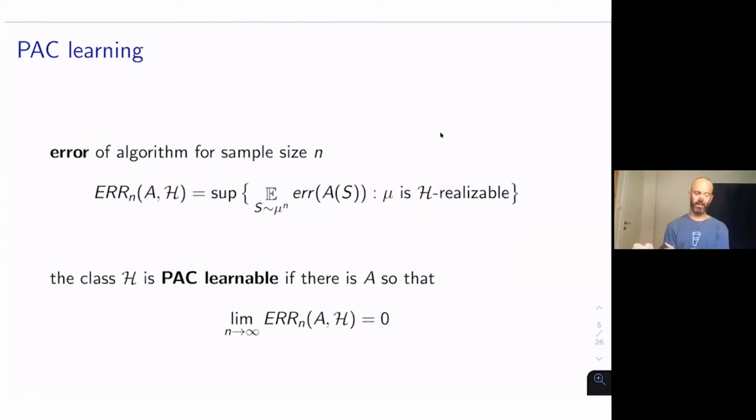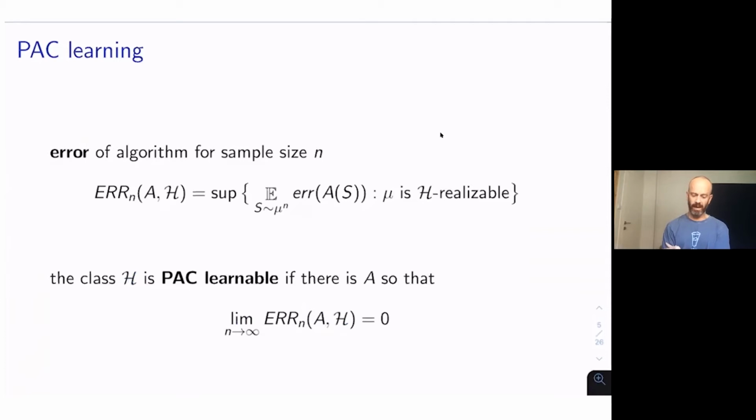Okay, is it clear? And now the way we define learnability: we can learn things in context H if this limit is 0. This is the definition of us being able to learn in this context.